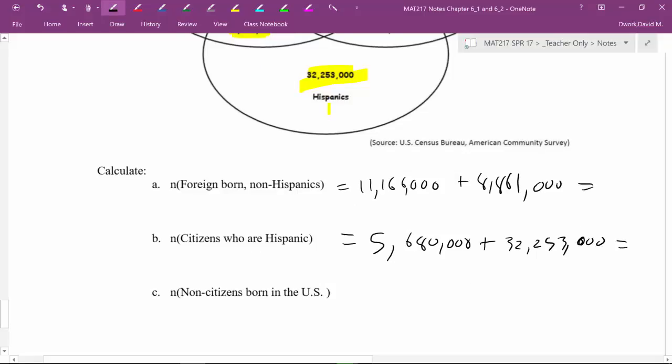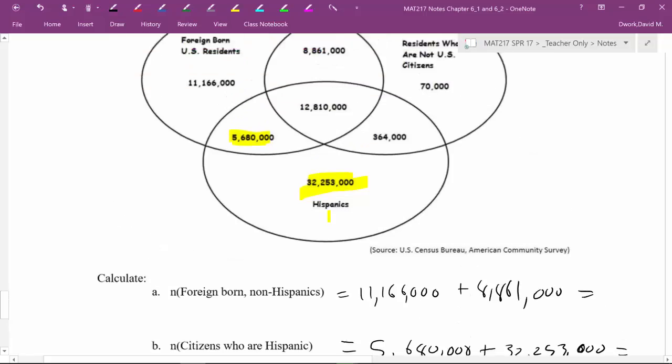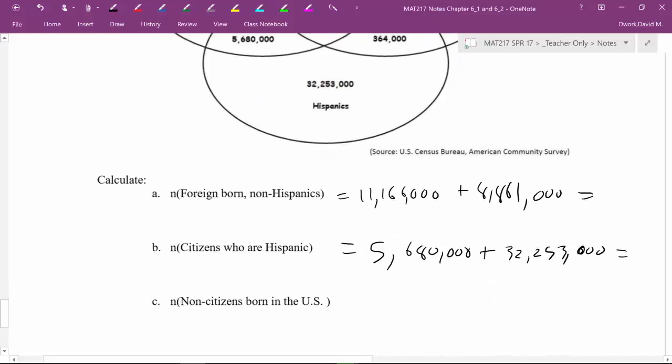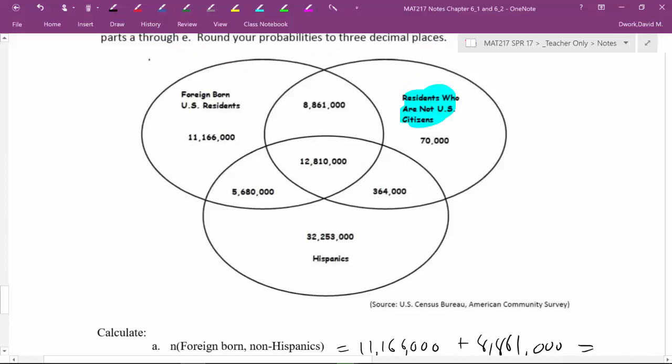Last but not least, and again, you could get a total for that. All right, so now here's what I want. Last one. This is the one that caused the outrage. Outrage, I say, in math class. Non-citizens born in the United States. How many people are there that are not citizens but born in the United States? Okay. And so what does that mean? If you are not a citizen, that means you are in this bubble. We want inside this bubble. But it means you are also born in the United States.